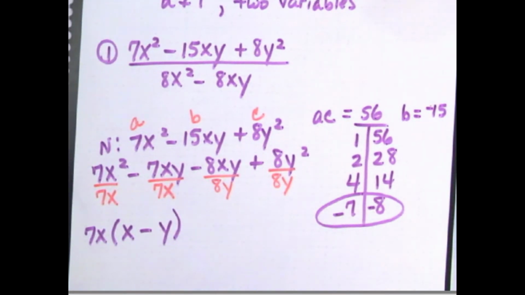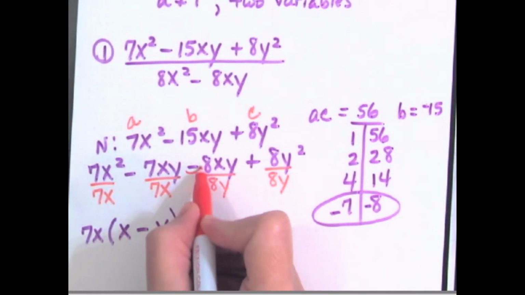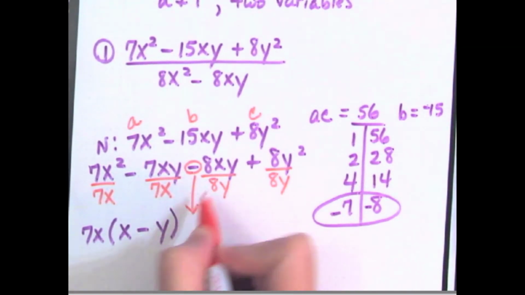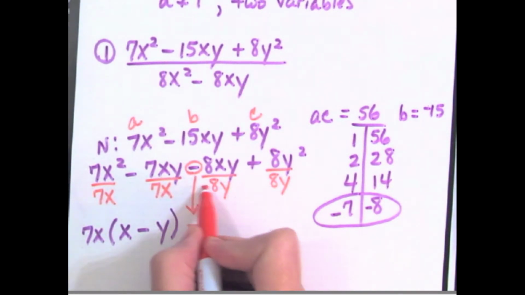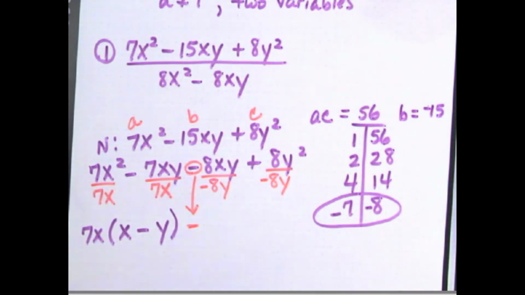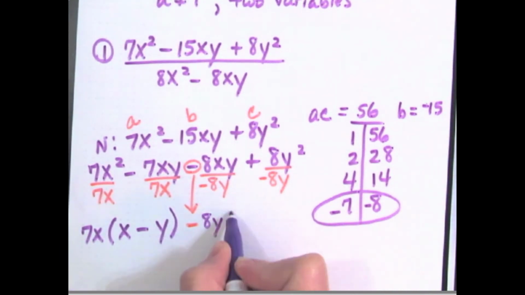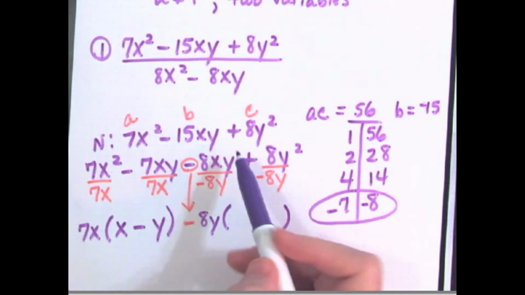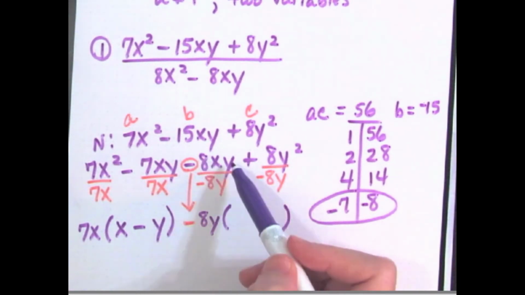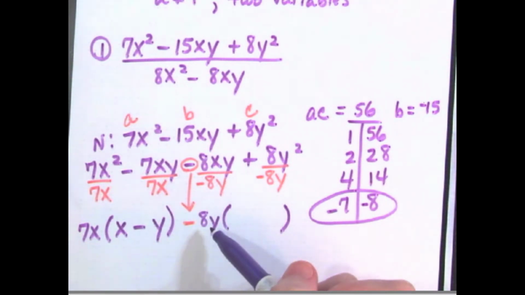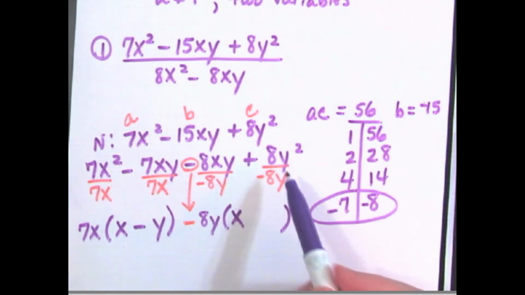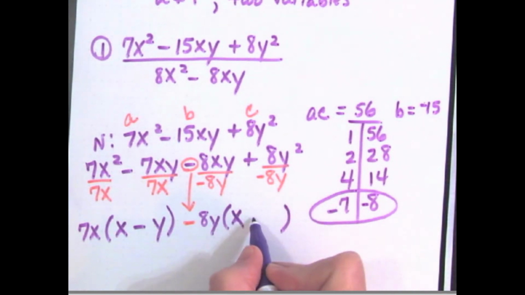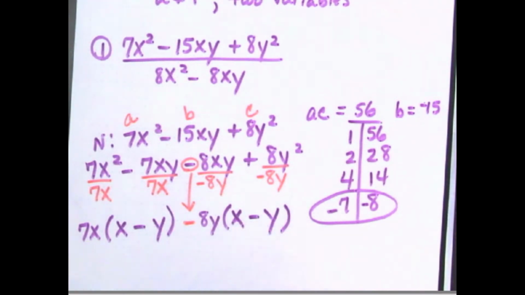Now I mentioned in the last video that whatever this sign is of that third term, that's what's going to go right here. So I'm actually going to be taking out a negative 8y. So I've got negative 8xy divided by negative 8y, which just leaves me with positive x. And then 8y squared divided by negative 8y is negative y. Now, if I would not have taken out the negative, my signs here would not have matched.